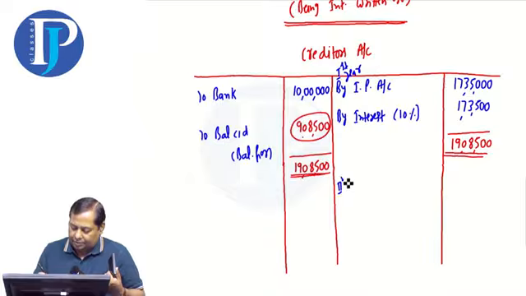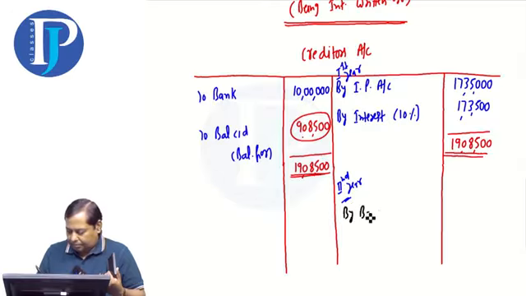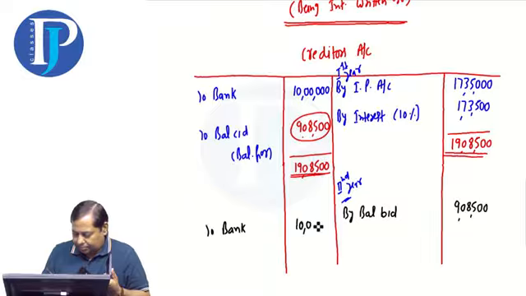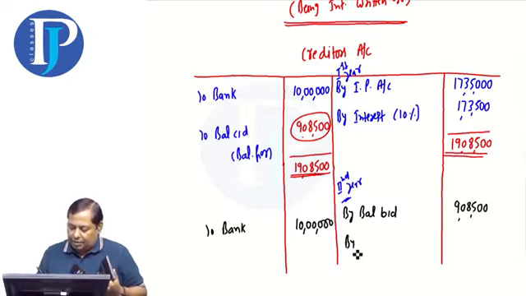We are now in second year. Here we will write 9 lakh 8,500. We will write to bank ₹10 lakh. Here we will write by interest.